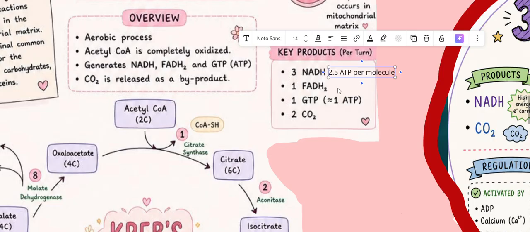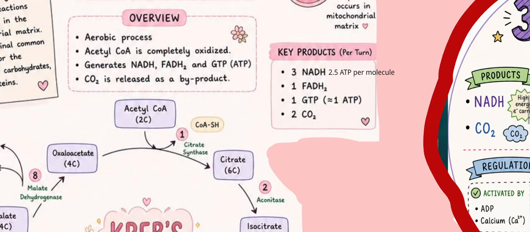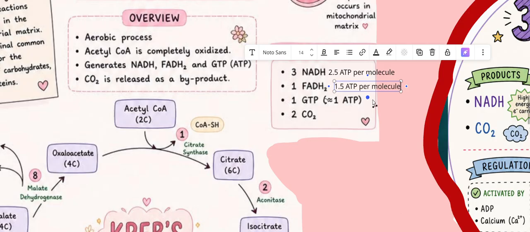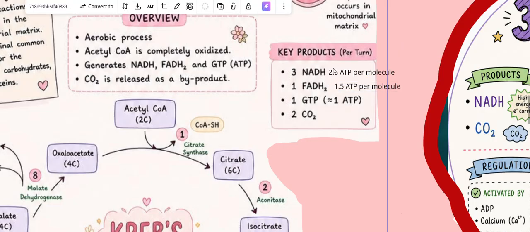And every FADH2 is, as I just told you, 1.5 ATP per molecule. And one GTP is basically one ATP. So 2.5 multiplied by 3 is your 7.5, and then you have this 1.5, then you have this 1 ATP. You add them all together and you get a total of 10 ATP.